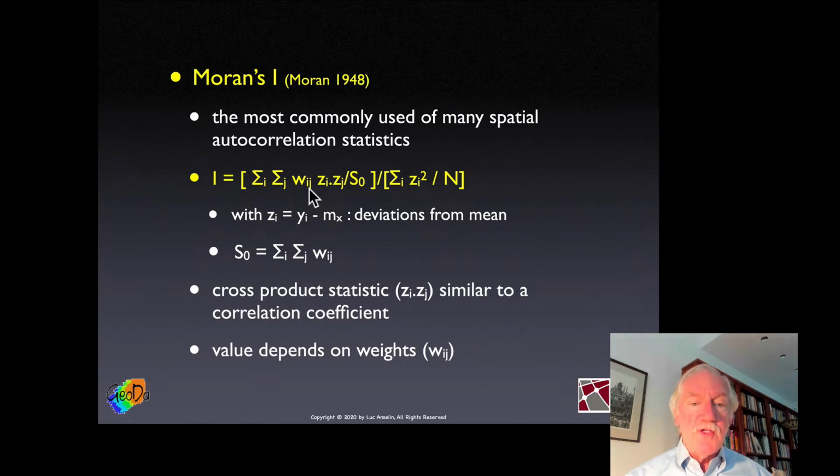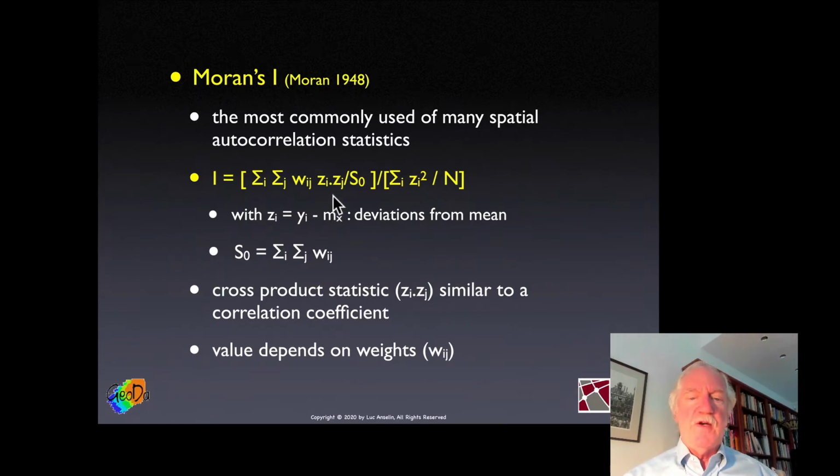So only for those neighbors where the weight is not 0 do we count the cross product of the values at i and j, for z, where z is the observation as a deviation from the mean. So first, we rescale our observations, and in fact, we center them on 0 so that the overall average is 0. We subtract the mean from them.